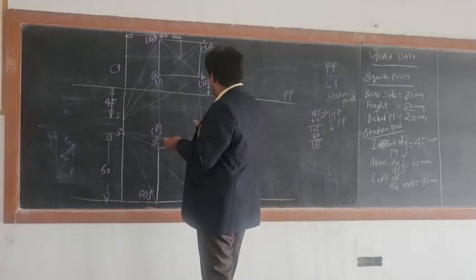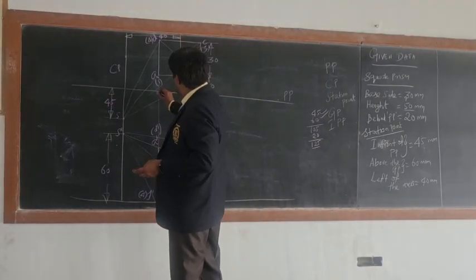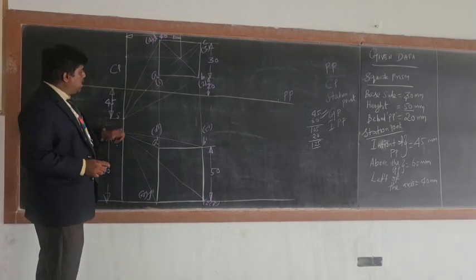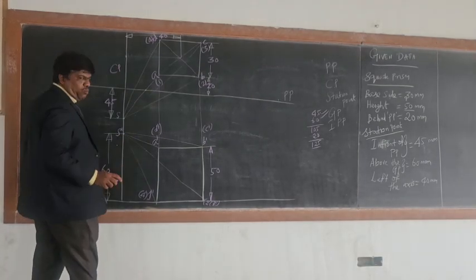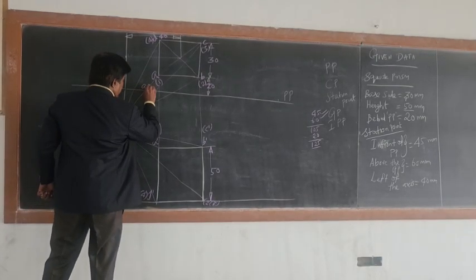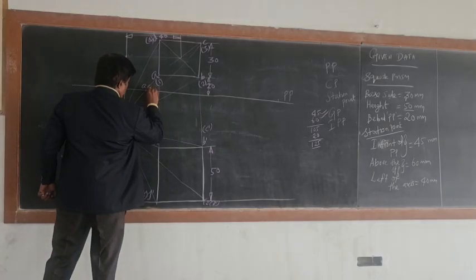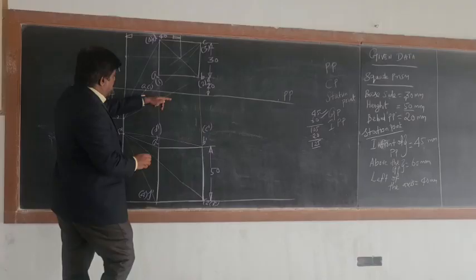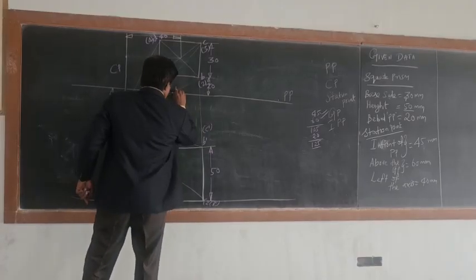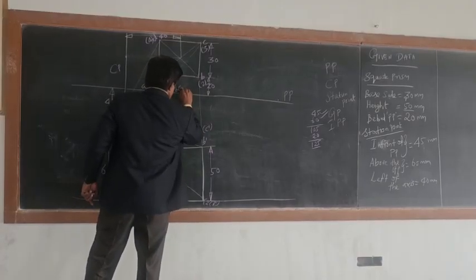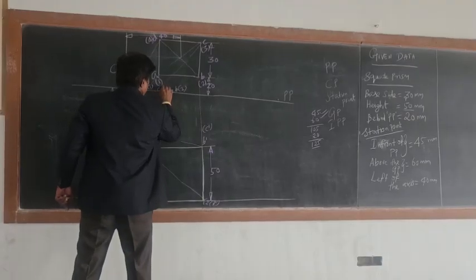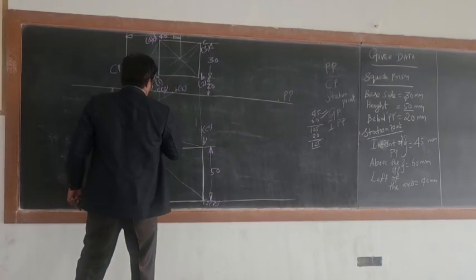For your reference, I am writing. Here A and 1, 2 points are there. A and 1. Then here B and 2. Then this one C and 3.